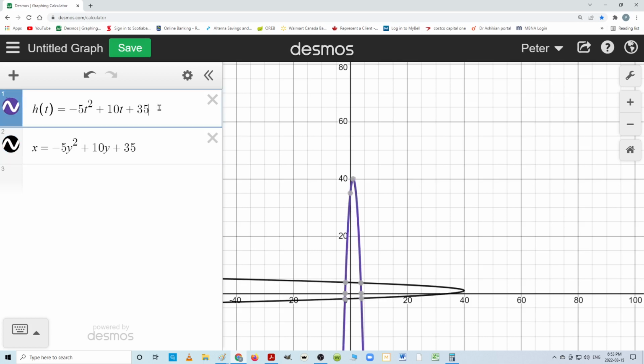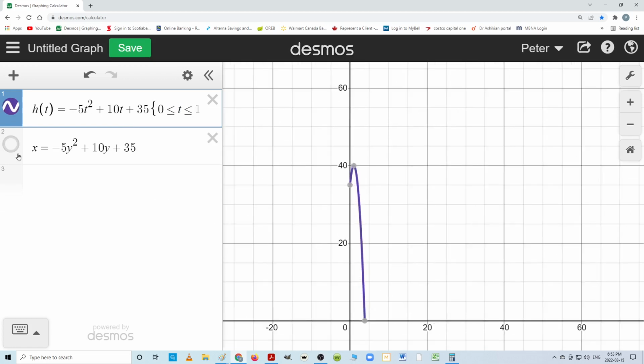However, to do it properly, I have to put the domain restriction here. And, oh yeah, I've got to put it for t. And there, that models the height properly.